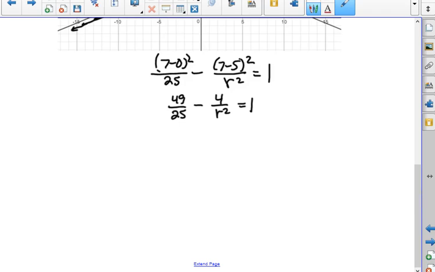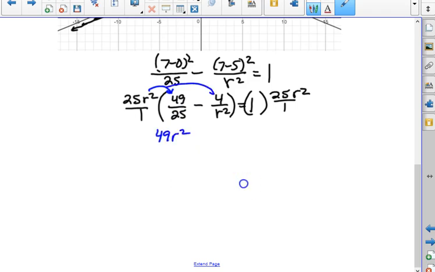Now, you can solve this different ways. My preference is to clear fractions. So if I multiply both sides by both denominators, 25r squared, I'm multiplying it by 25r squared over 1. So when I distribute 25r squared times 49 over 25, 25 divided by 25 is just 1. So I end up with 49r squared.